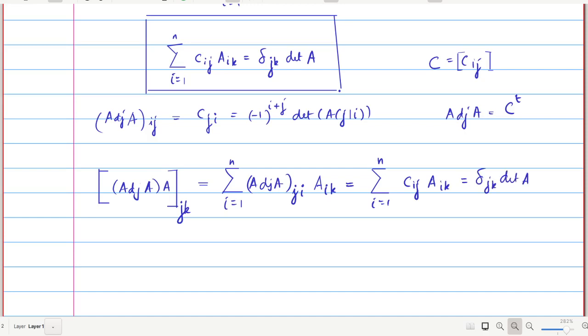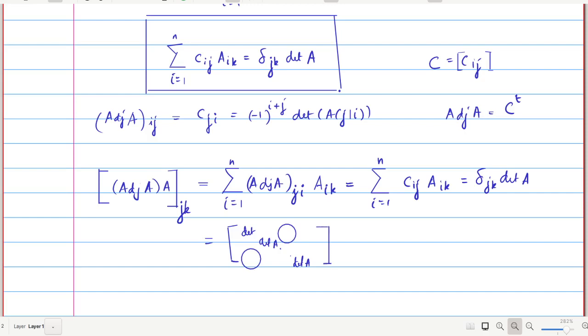So this is the matrix obtained by having 1 whenever j equals k. So this is determinant A in the diagonal entries, and this part will be 0, because whenever j is not equal to k, we have 0 here.